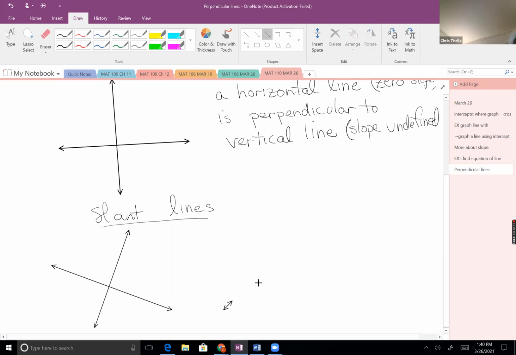Second one, my first line is going to go uphill and be not quite as steep. And the second line is still going to go downhill, but isn't it steeper? Third one, my first line is going to go uphill, but not be very steep at all. And to be perpendicular, wouldn't the second line go downhill and have to be pretty steep?